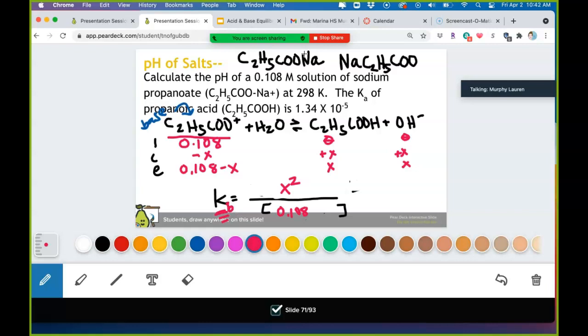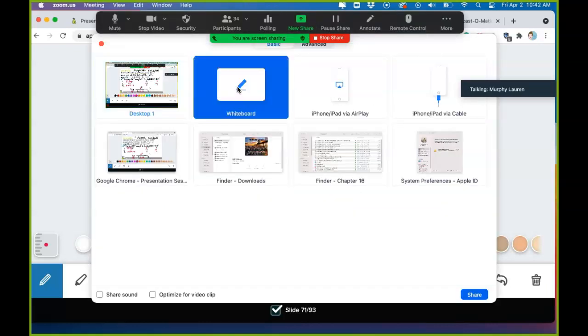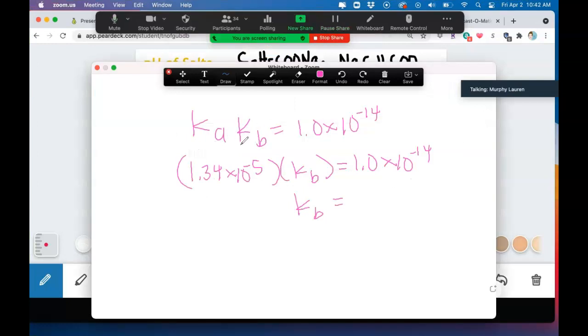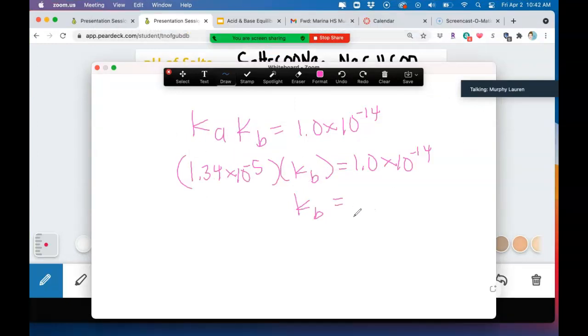So you have to take this Ka value, use this equation, and rearrange to solve for Kb, because that is the number you have to use for the K value.